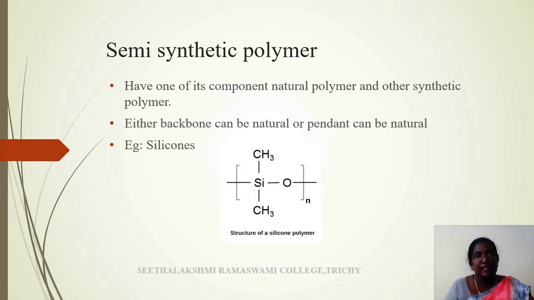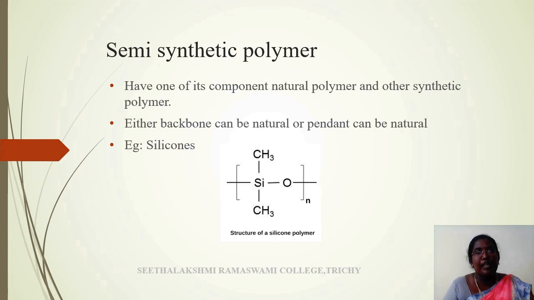And finally, the semi-synthetic polymer. A semi-synthetic polymer is one where a natural polymer is there, and to the natural polymer we add some man-made polymer. One part is a natural polymer and the other is a synthetic polymer. Either the backbone can be natural, or the backbone can be synthetic. The best example is silicone.